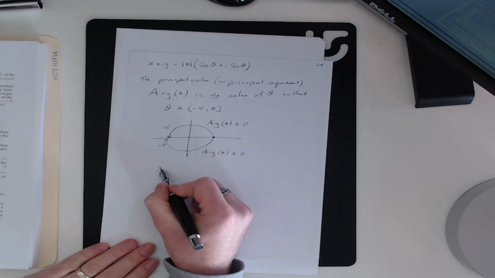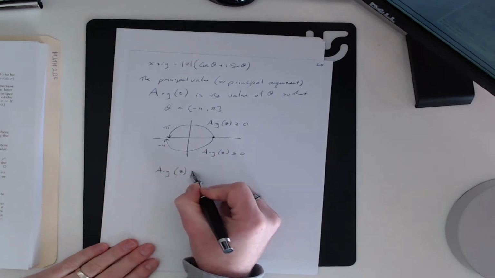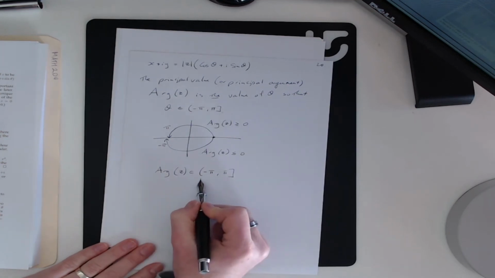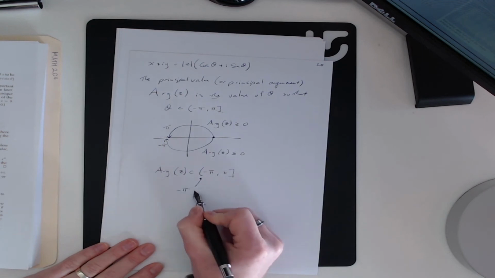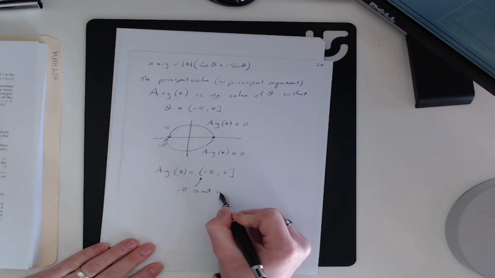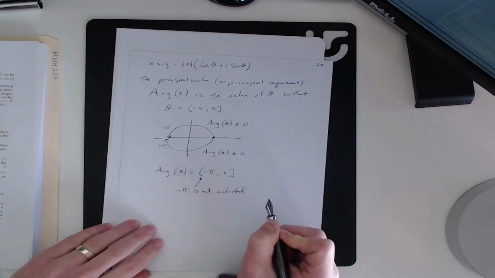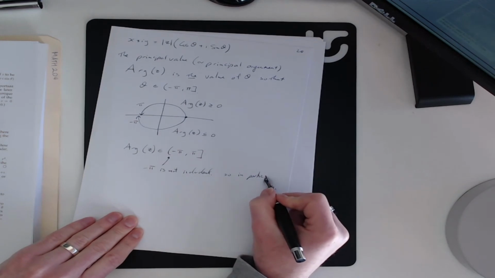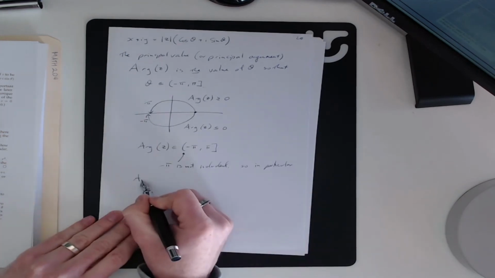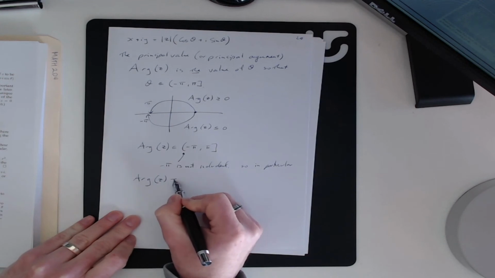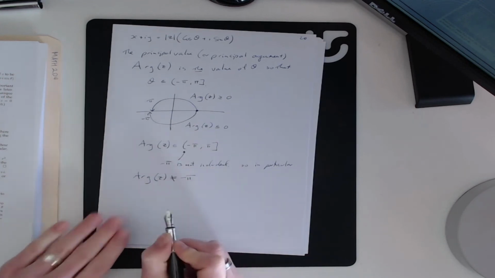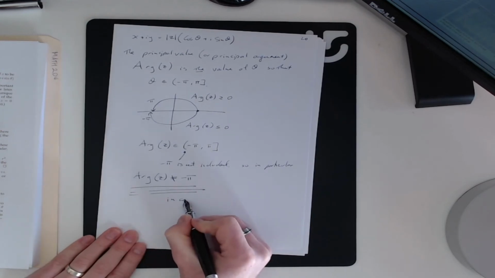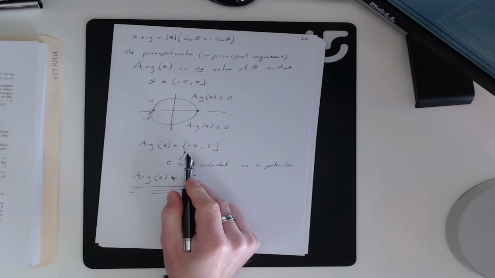And in particular, right, minus pi is not included. So, in particular, the argument of z can never equal minus pi. Right, this is incorrect because we're excluding minus pi.